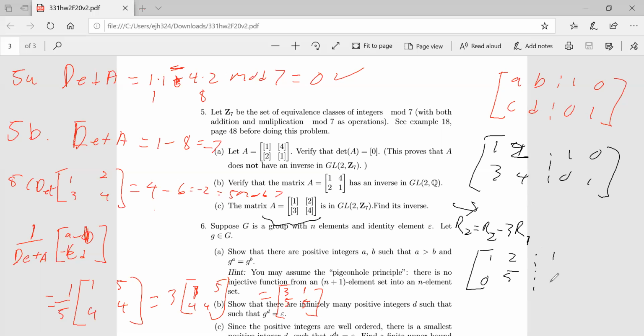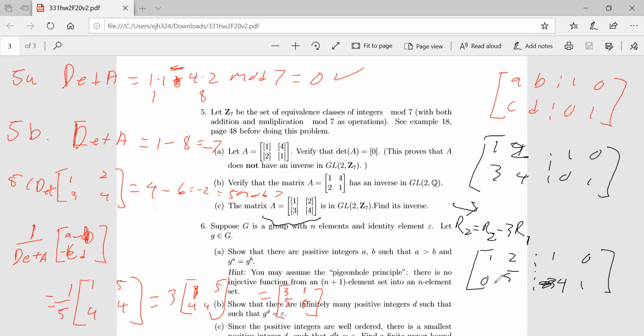Then on the right, 1, and then I have minus 3, so that's 4, and 0, 1. And now I'm going to have to get rid of this 5. So what am I going to do?